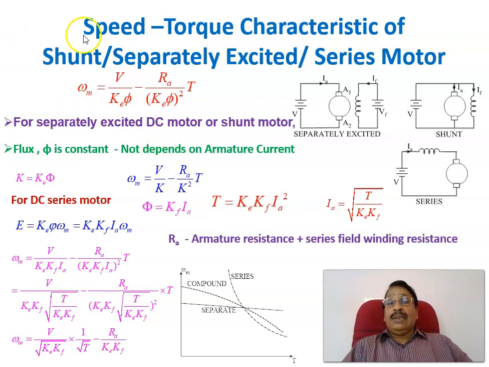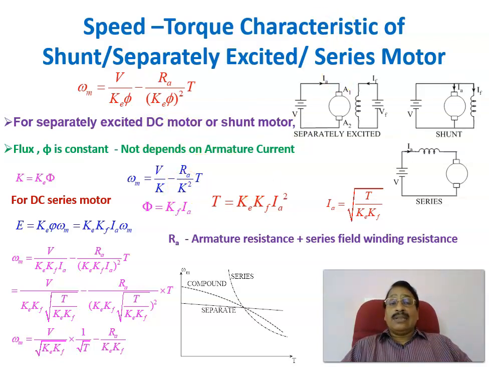Now let us see the speed torque characteristics of different types of DC motors: shunt, separately excited, and series motors. The generalized equation for the angular velocity is omega M equal to V by Ke into phi minus Ra divided by Ke into phi all square into torque T, where Ke, as we have already derived, is Pz divided by 2 pi A. For a separately excited DC motor or a shunt motor, the flux is a constant.